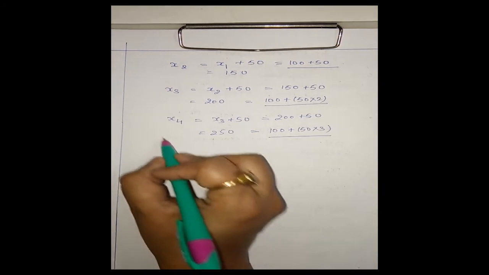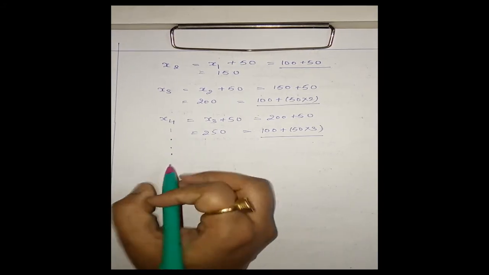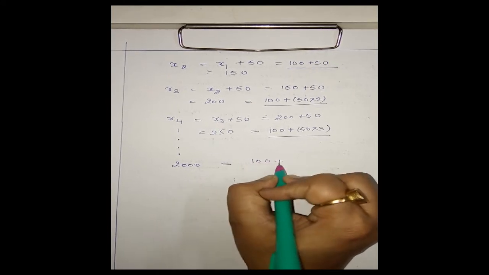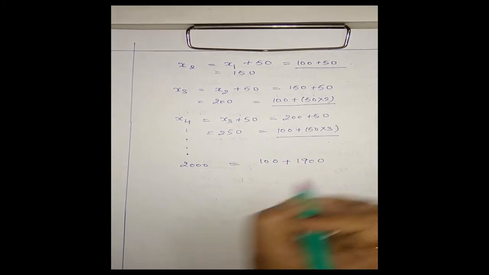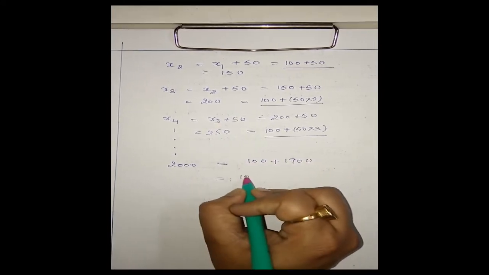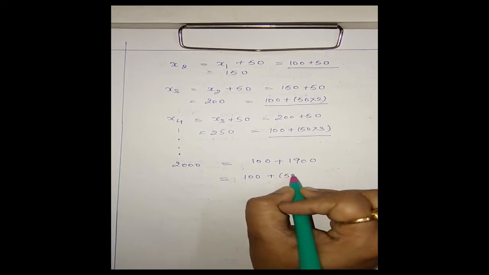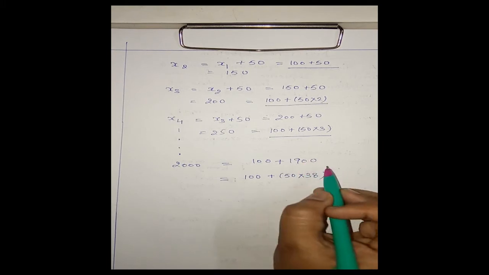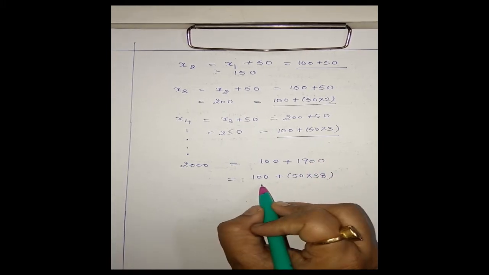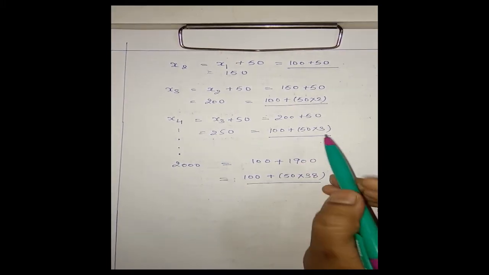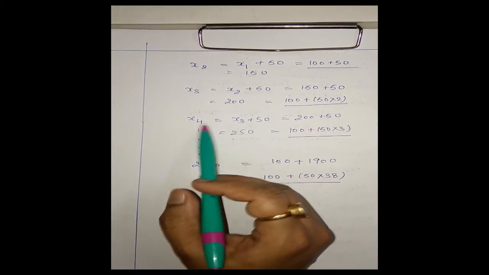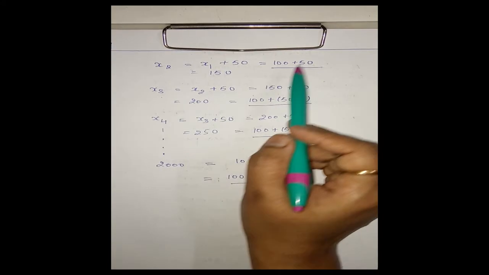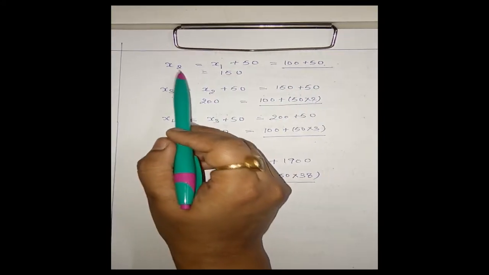Same way, now 2000 can be written as 100 plus 1900, that is 100 plus 50 into 38. 50 into 38 is 1900. Now here we see, when here we have 3, it is x4, when here 2, x3, 50 into 1, that is x2.